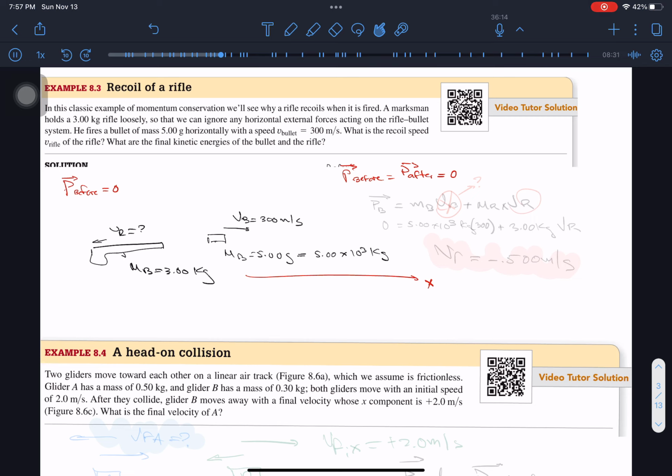So the momentum of the bullet is going to be the mass of the bullet times the velocity of the bullet. Since we already said that momentum was going to be 0, we can solve for velocity.